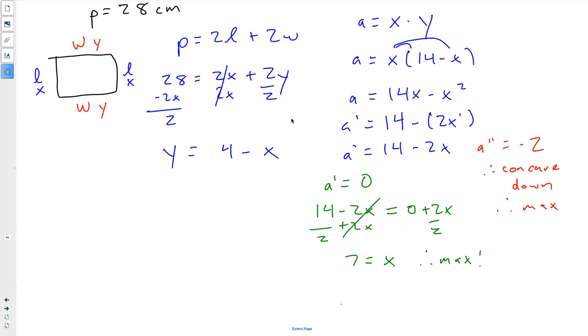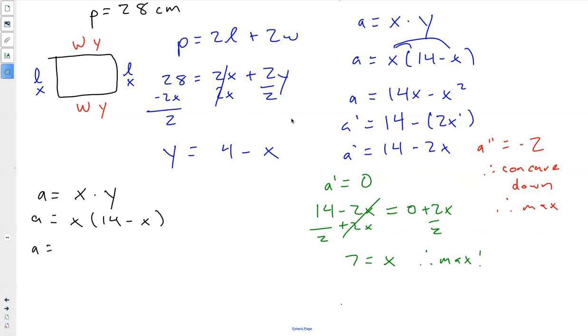Okay, so let's go ahead and find the dimensions and the maximum area. Okay, so area is equal to x times y, and our y is 14 minus x. And we know our x is equal to 7. So let's go ahead and substitute in x for 7.